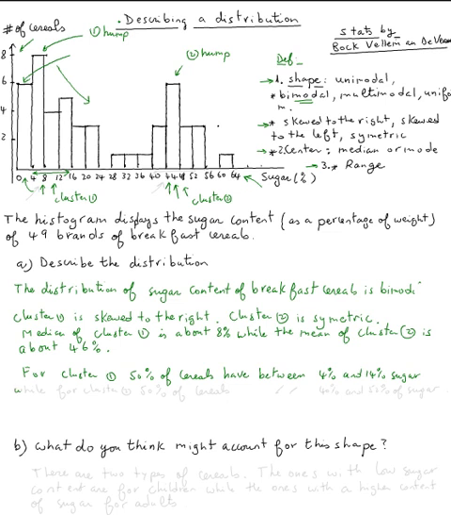While for cluster 2, 50% of cereals have between 40% and 52% sugar content.